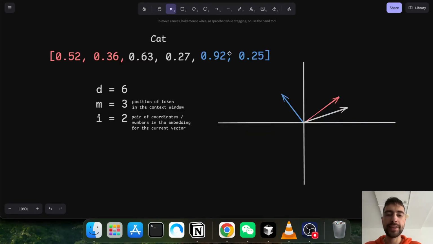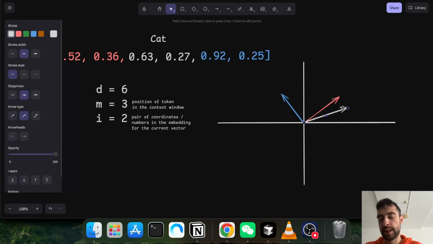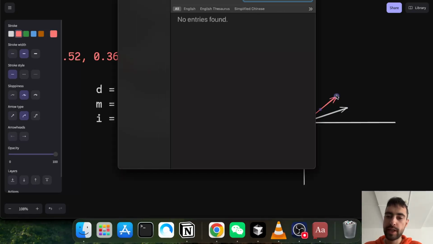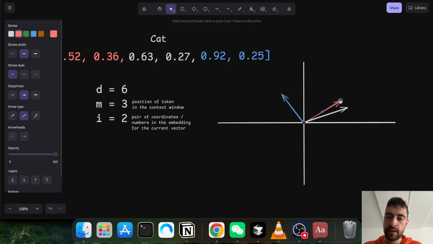Now let's see what other dimensions encode. As I said, let's say this is token dog, the first one. As this one rotates, the attention mechanism will know how far away it is. If this rotates this much, it knows it's very far away.